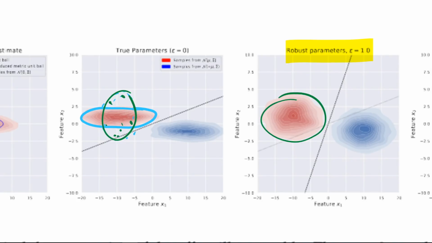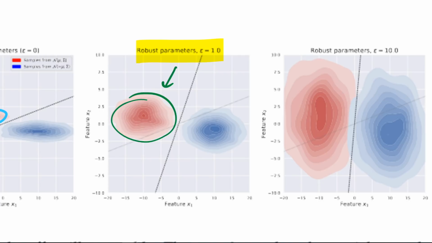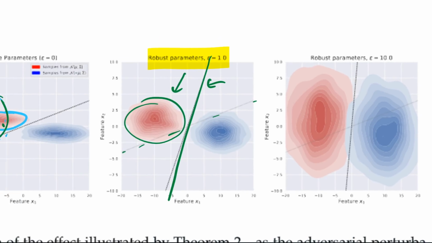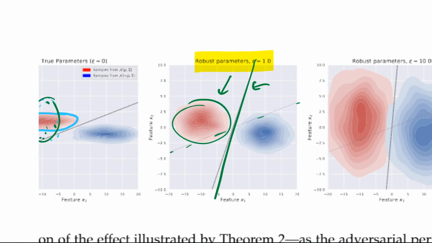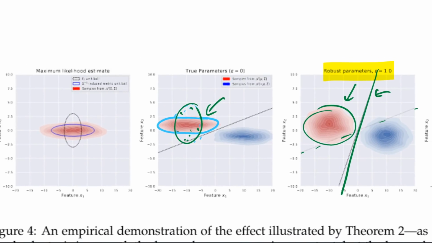So my data distribution will look more like this, and my separating hyperplane will change here, and the geometry of the adversarial examples will be much more aligned with my separating hyperplane. So this is kind of a toy example of where they say this is fundamentally what's going on. There's a misalignment between the geometry of the adversarial examples and the inherent geometry of the data.